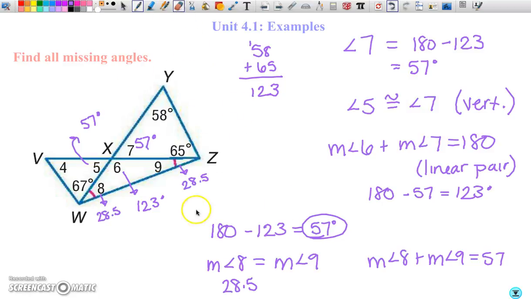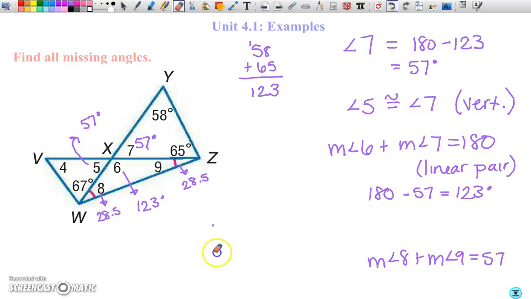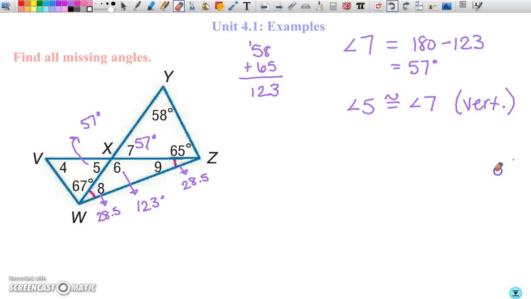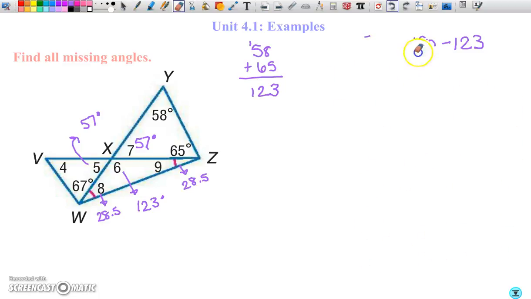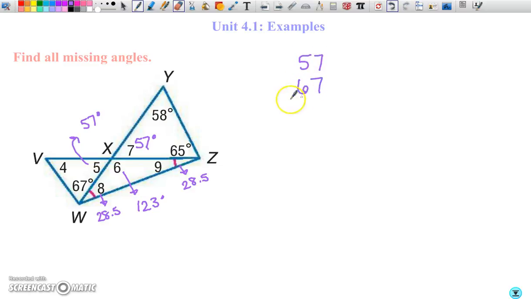Okay, and then let me go ahead and erase some of this stuff. As we work into angle 4, that one is just using the triangle sum theorem to say that all three angles in a triangle add up to 180 degrees. So since angle 5 is 57 and angle 6 is 67, we add those together for a total of 124.